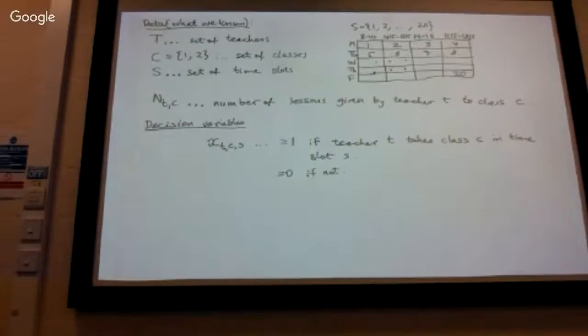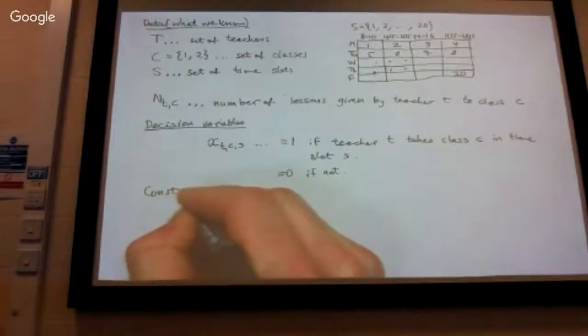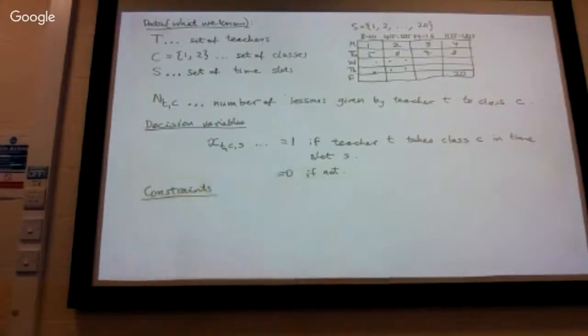That's everything we need. So, constraints. Any constraints? You can just put in the individual time slots that they can't happen.